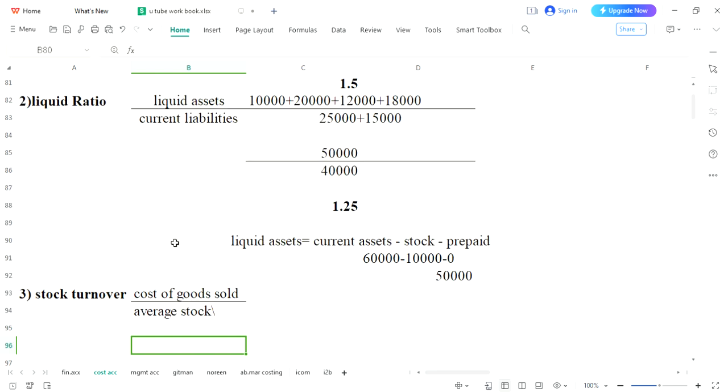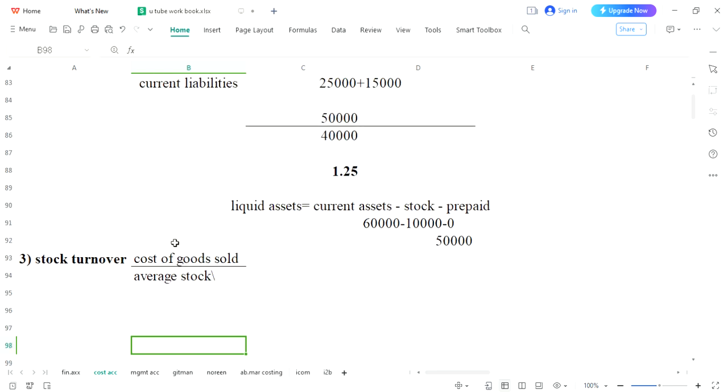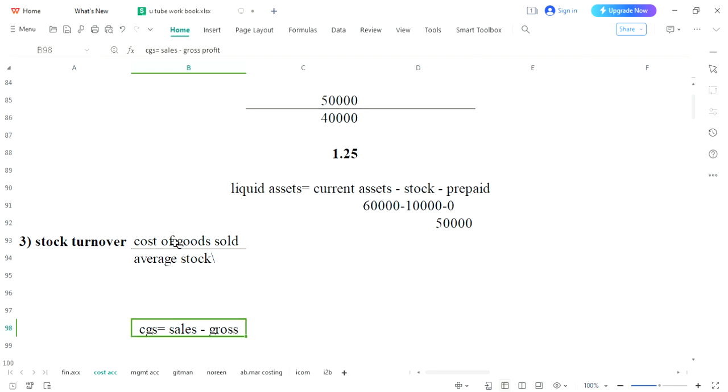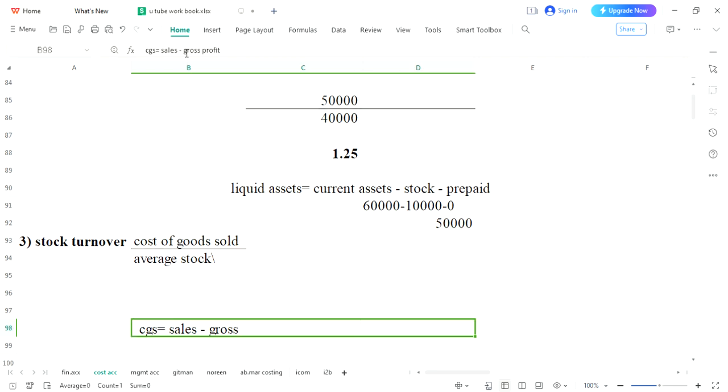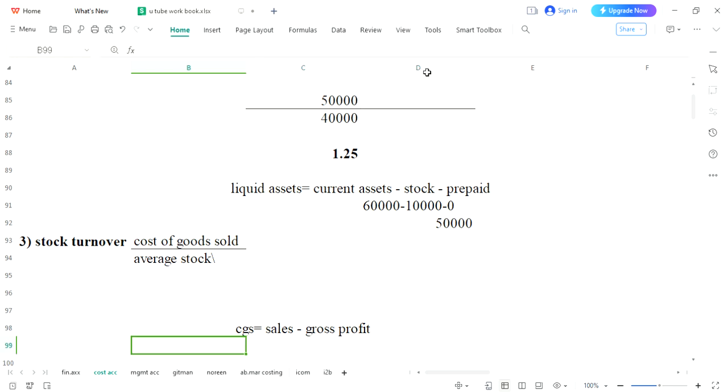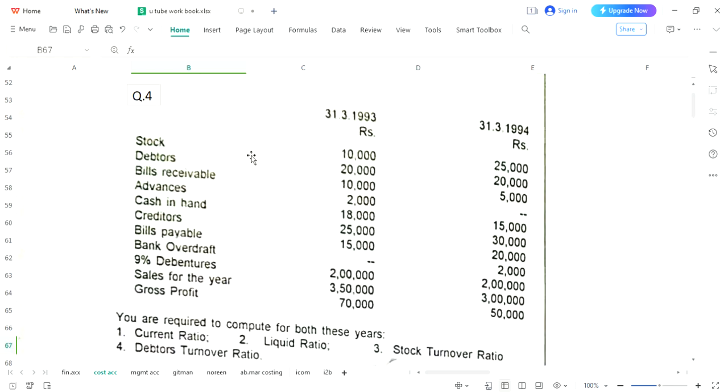We have already understood it very well that cost of goods sold, or CGS, is equal to sales subtract gross profit. So this is our formula where we can calculate our cost of goods sold. Why we are choosing it and why we haven't chosen it in previous questions? Because in all of the previous questions gross profit was not given.